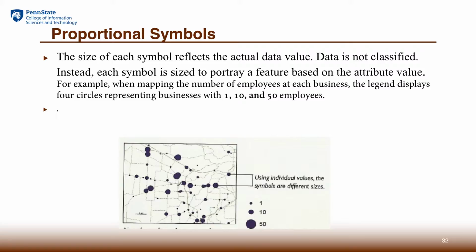In this case, we have a map showing the number of employees at each business. The legend shows a few samples of the size of the symbols, but in fact, if you look at the map, there are many more sizes than the legend has. The idea is that the relative proportional size of the symbol shows the proportion of the value difference.